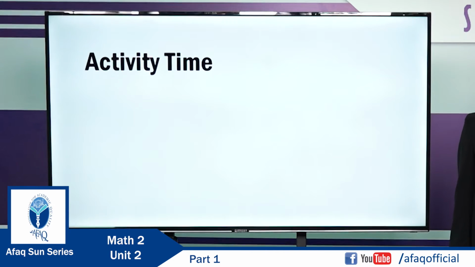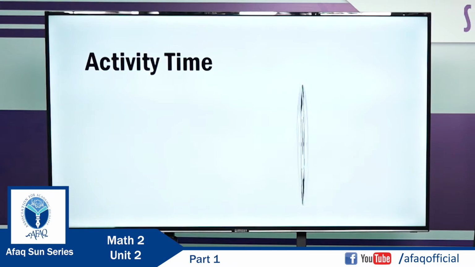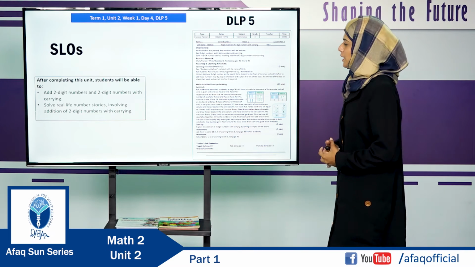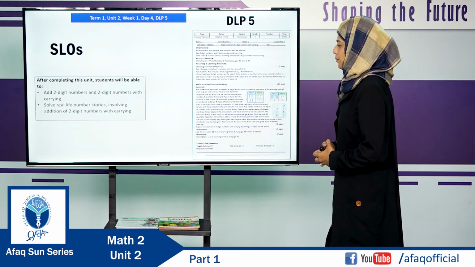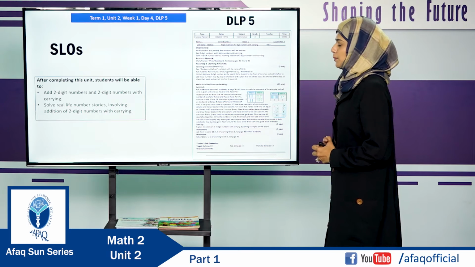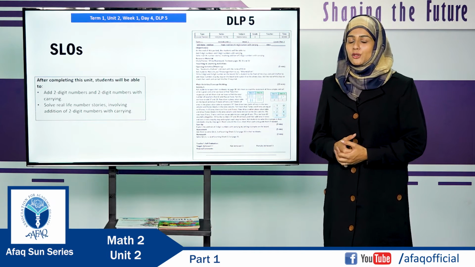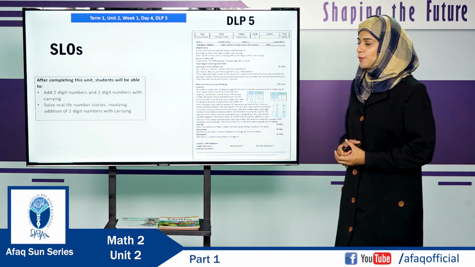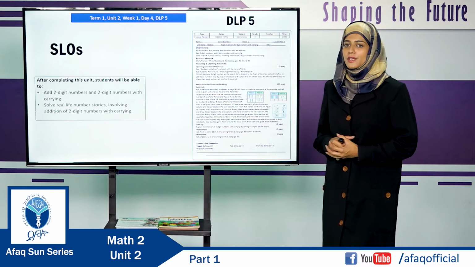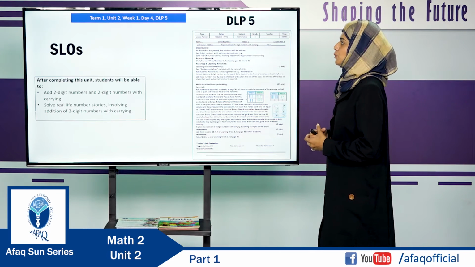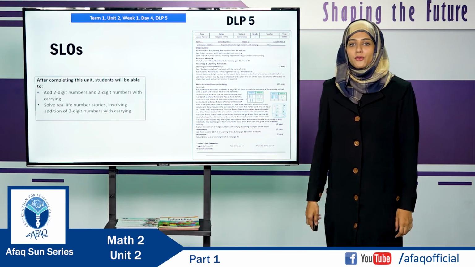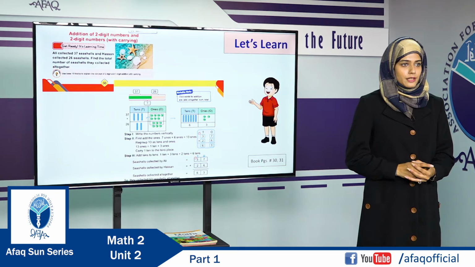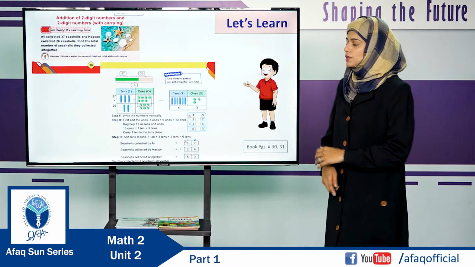It's an activity time. Let's see the other concept. In this SLO, we are going to add two-digit numbers and two-digit numbers with carrying. To cover this, the methodology has been provided in DLP5, which falls in term 1 unit 2 week 1 of day 4. On page number 30 and 31, we have this statement question.